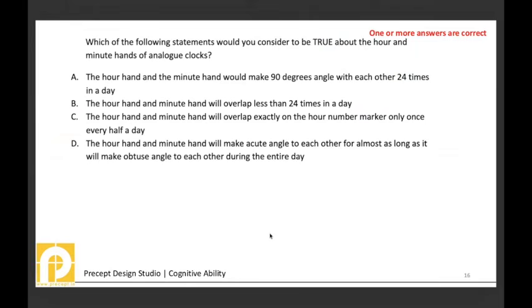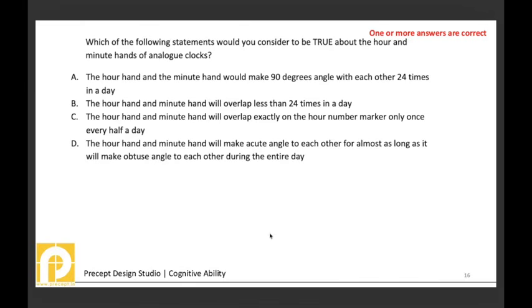Which of the following statements would you consider to be true about the hour and minute hand of analogous clocks? We have to consider this with reference to analogous clocks. One or more options are correct here. Option A says the hour and minute hand would make a 90-degree angle with each other 24 times in a day.